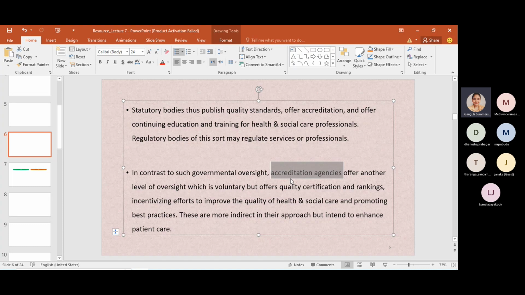As the general public, we prefer an accredited laboratory rather than a normal laboratory. So accreditation helps you a lot to gain a good reputation in society, and also to gain your client base. Okay, so that is the importance of accreditation. This accreditation is provided by accreditation agencies for following necessary standards or guidelines.